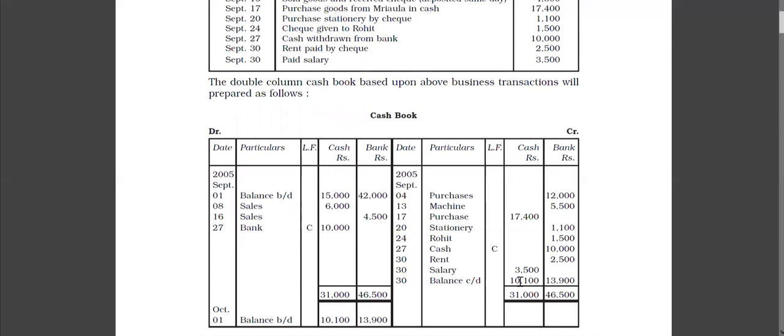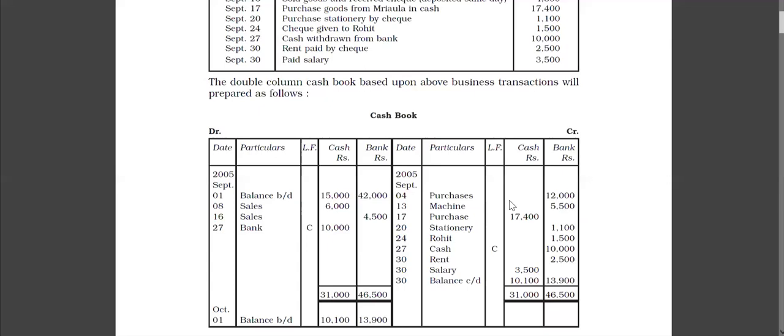After this stage, you have to tally. You have to total all the columns. See, your debit side cash is 31,000 and bank column 46,500.